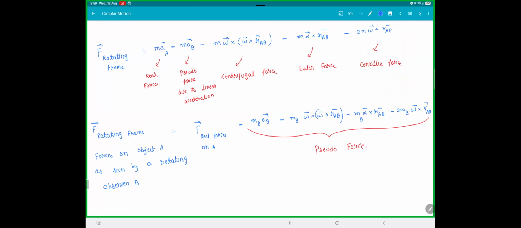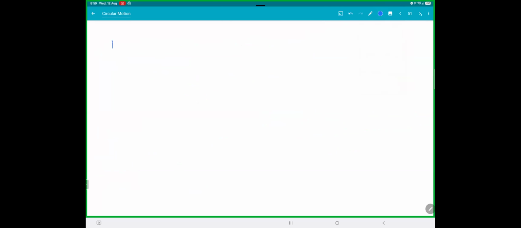So yeah, I'll just remove all that cross products and everything. So F rotating will be F real plus M into A B. This is your linear pseudo force.